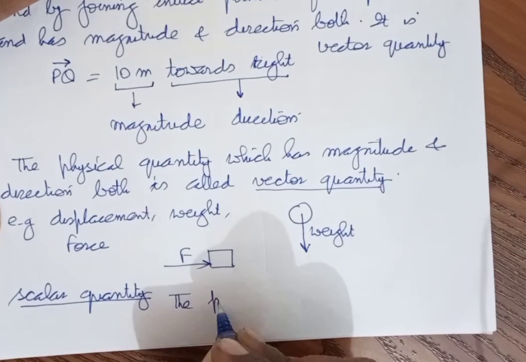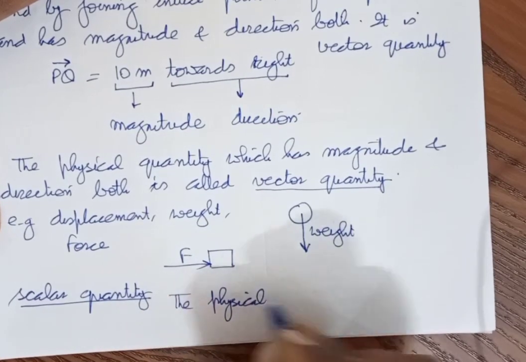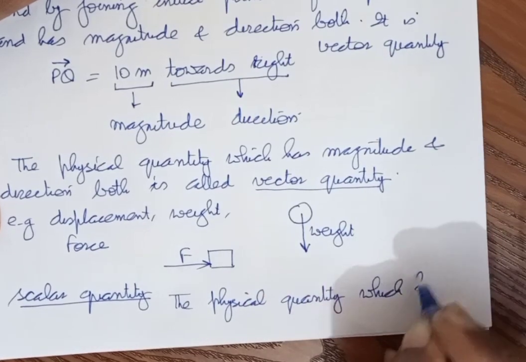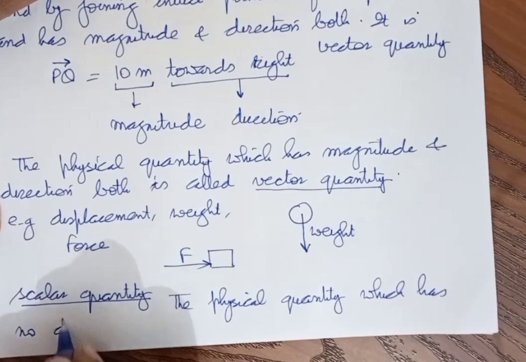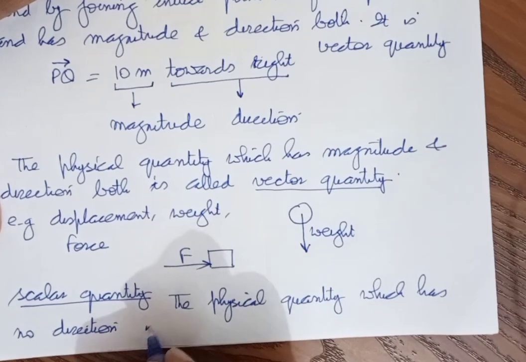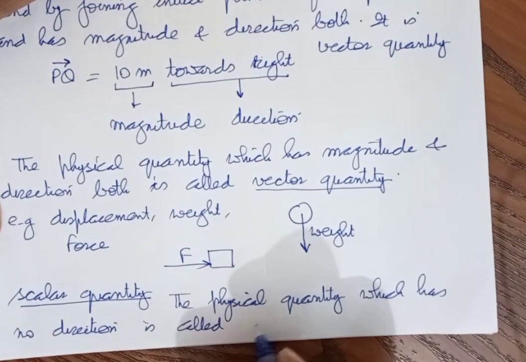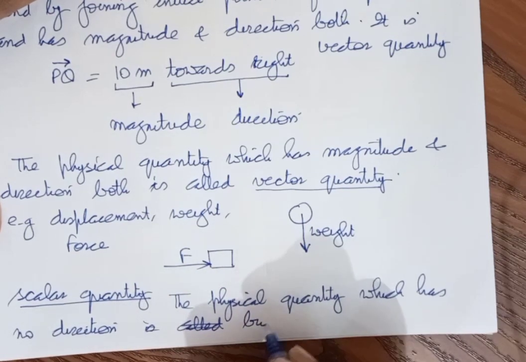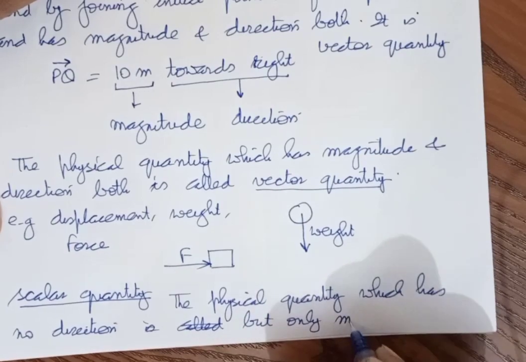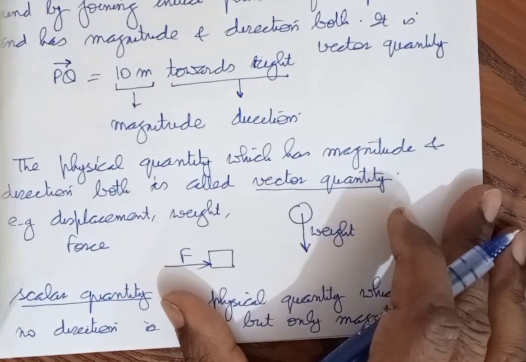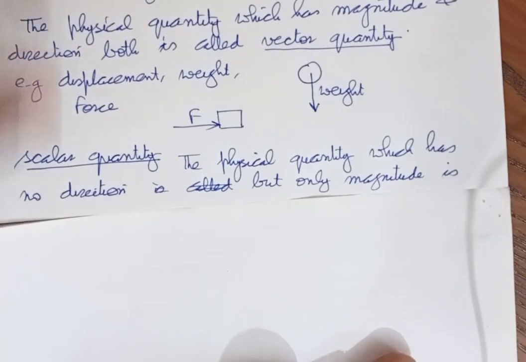The physical quantity which has no direction, but only magnitude, is called a scalar quantity.